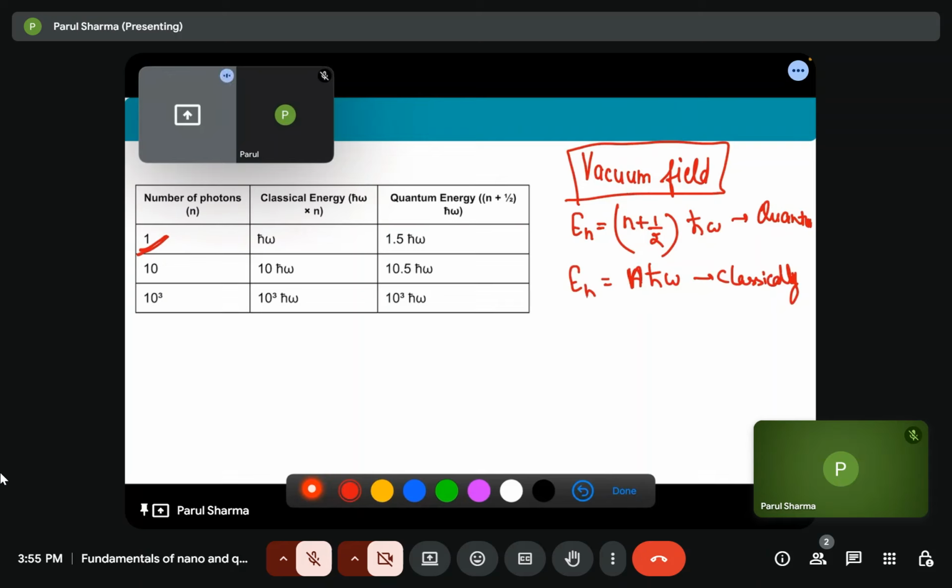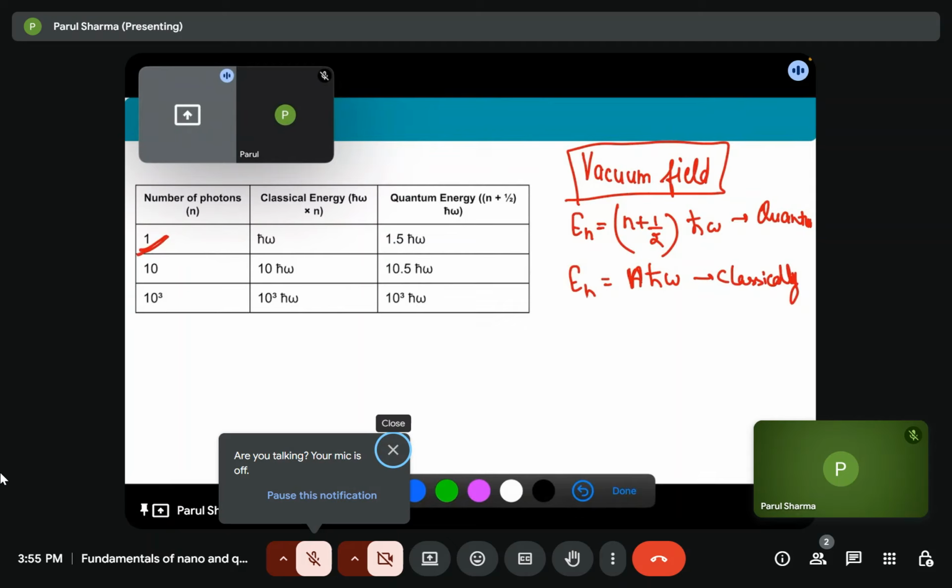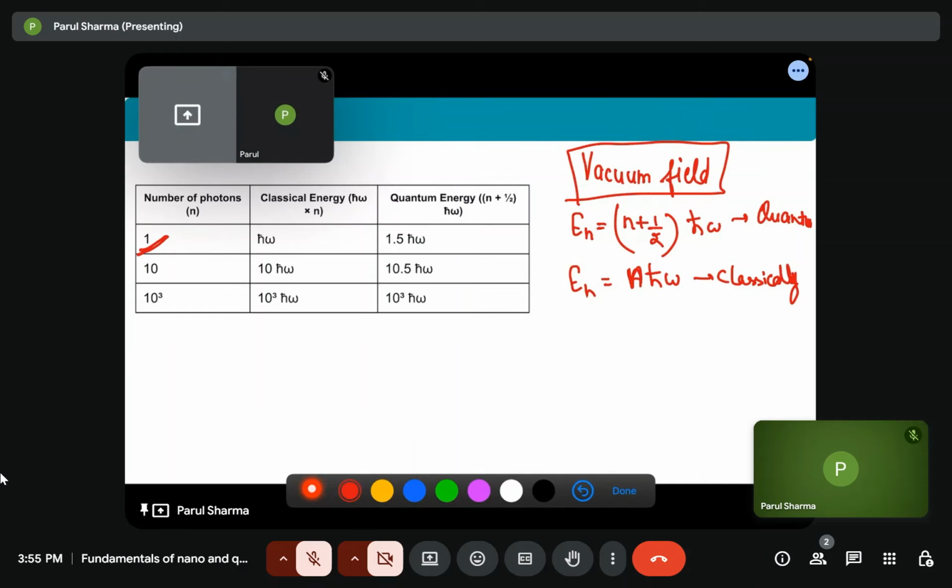So as the number of photons increases, the classical and quantum picture gives the same energy.